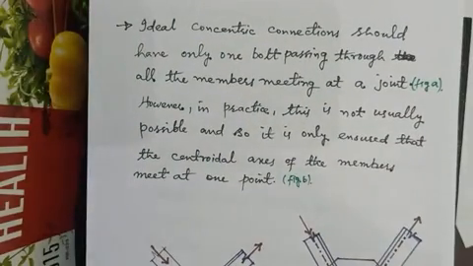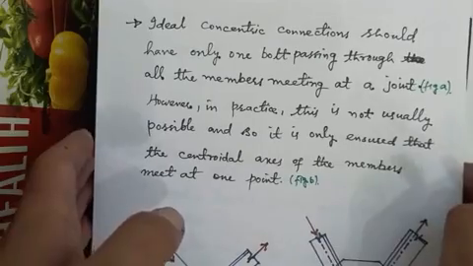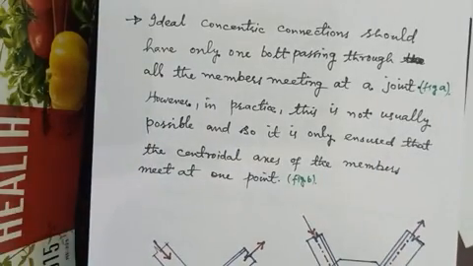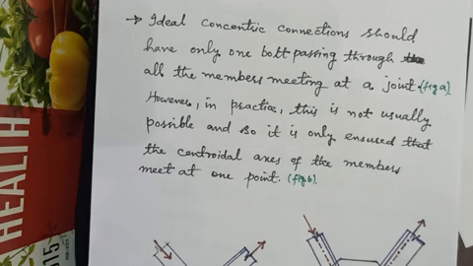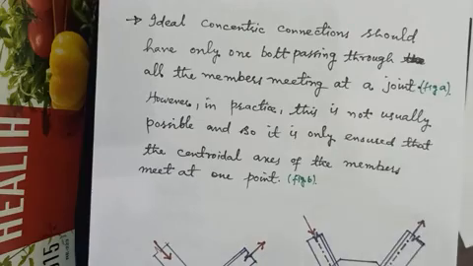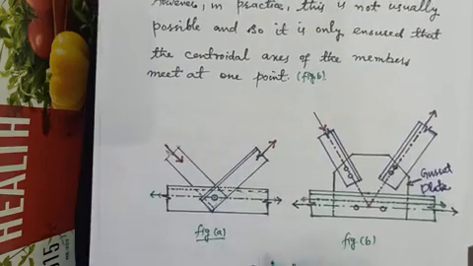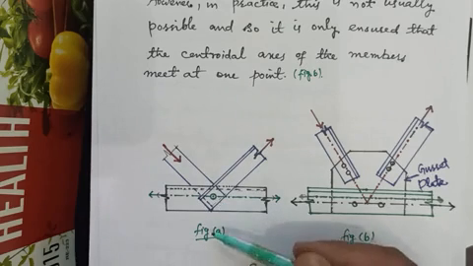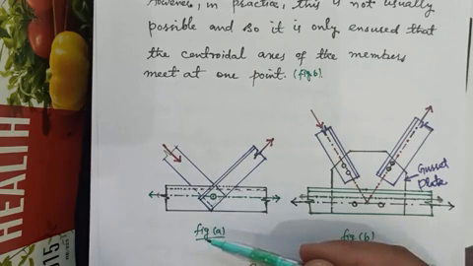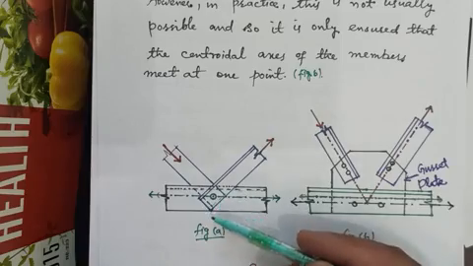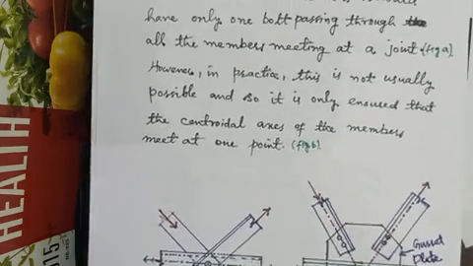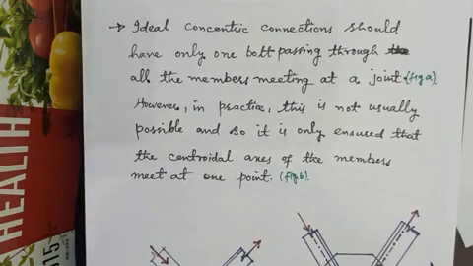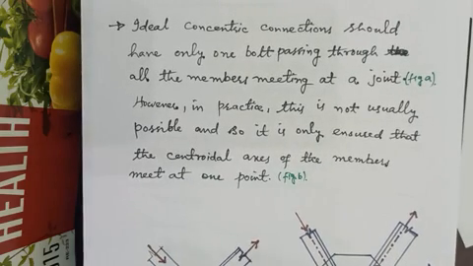In ideal concentric connections, we should have only one bolt passing through all the members meeting at a point, as shown in figure A. But this is practically very tough. So in practice, this is not usually possible.